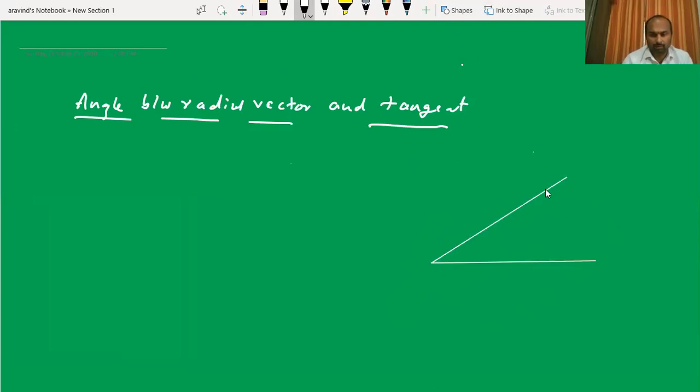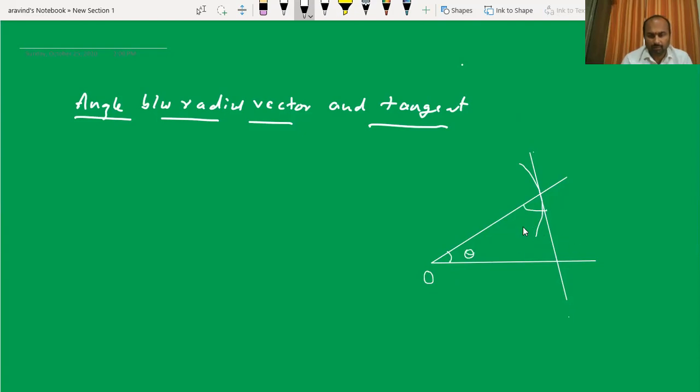And here you draw a curve, and draw a tangent to this curve, which intersects the initial line. So we'll take this as the origin, and this angle is denoted by theta.